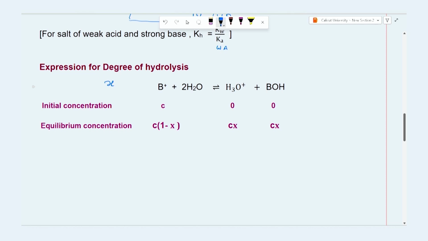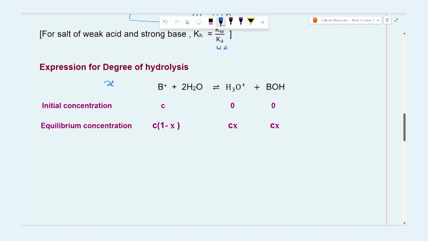So, just recollect that. Next, we are going to derive an expression for the degree of hydrolysis. Degree of hydrolysis is the fraction of molecules that has undergone hydrolysis, and it is expressed as x.